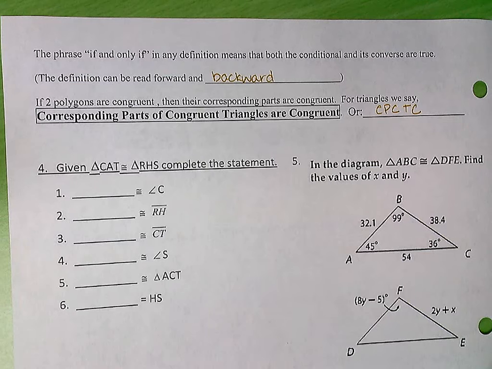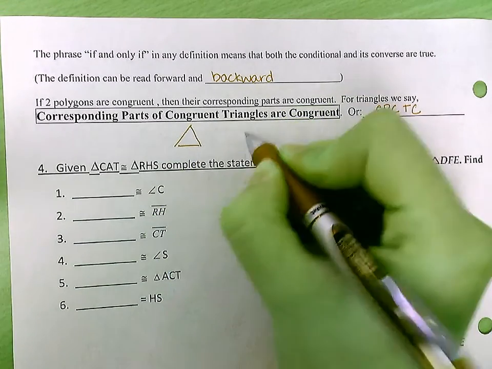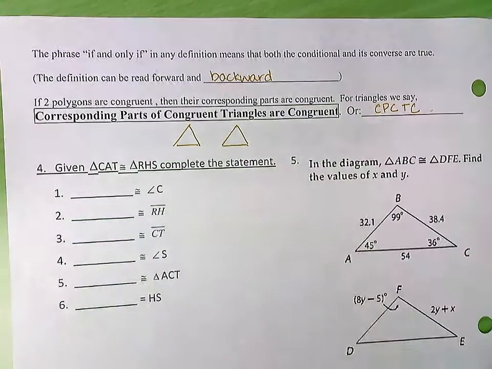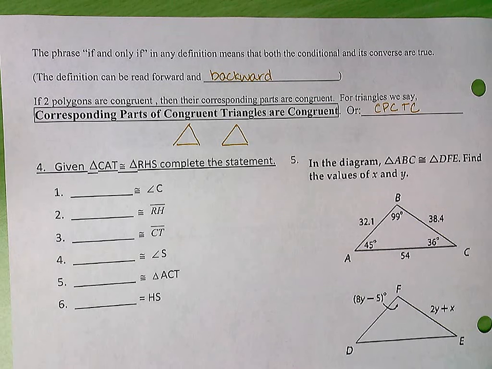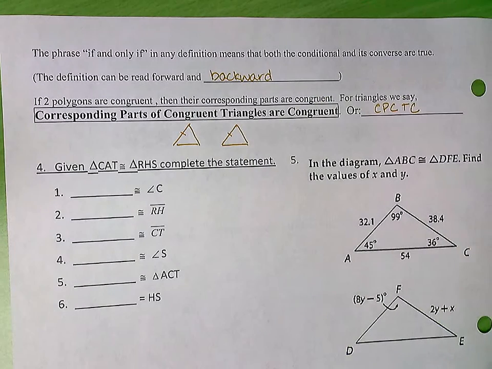Okay, so what that means is if I have two congruent triangles and I know that they're congruent, it's given to me that this triangle is congruent to that triangle, right? Then I could say, well, then I know this side is the same as that side. So their corresponding parts are the same.